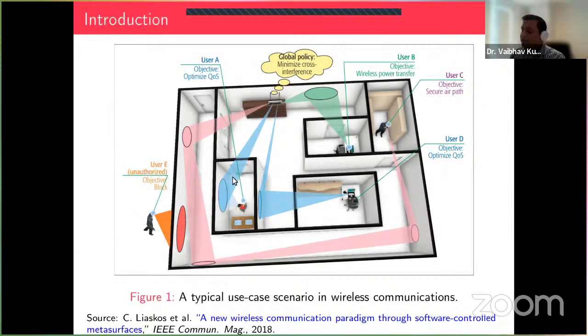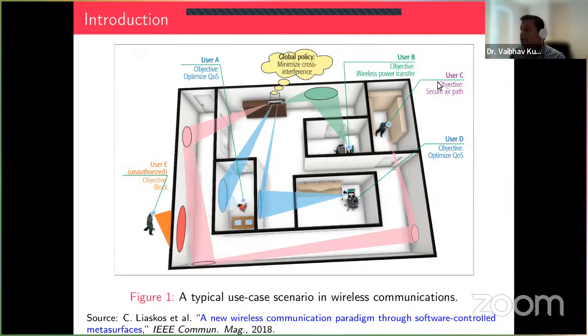The waves that are transmitted from here will impinge on this wall and then get reflected, similarly in here. Now, this is the best case scenario that these two users can get. If we see user B, that is the green one, it is kind of a swiped user. It is having wireless power transfer and at the same time maybe some information transfer.